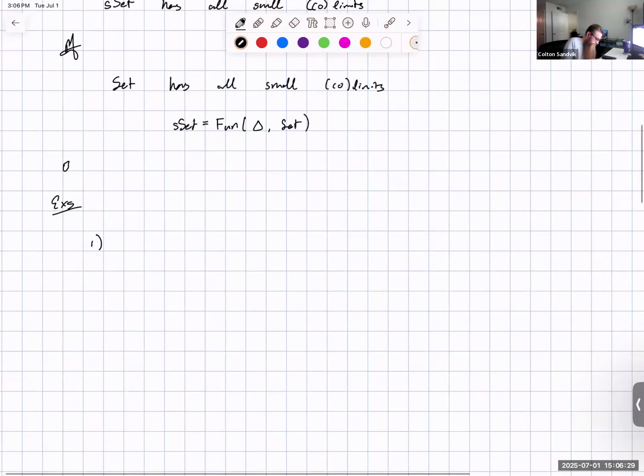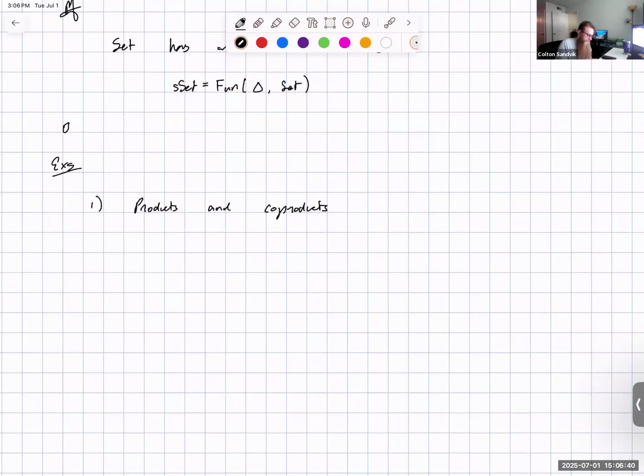The first one is products and coproducts. We didn't actually give a rigorous definition of these last time, I think, but now we can. If X and Y are simplicial sets, then the product is simply a limit. This is a very general thing.